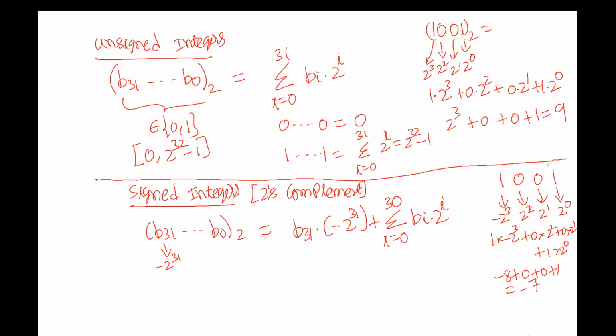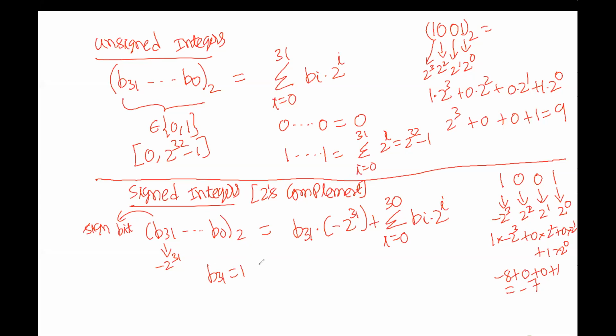Are you with me here? So the number 1001 by itself doesn't mean anything, but the semantics that we give to it is what makes that number. In general, if you look at a number, bit B31 is what is called the sign bit.